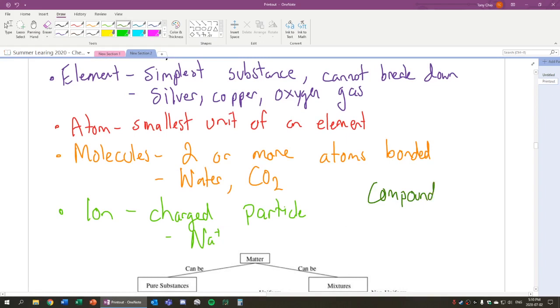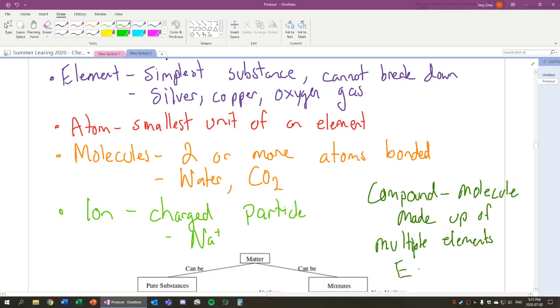A compound is a molecule made up of multiple elements. So an example would be NaCl. NaCl, sodium chloride, table salt, is made up of sodium and chlorine atoms.